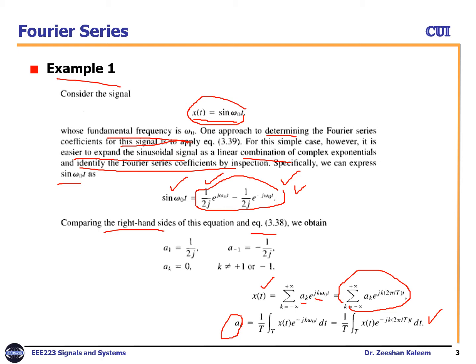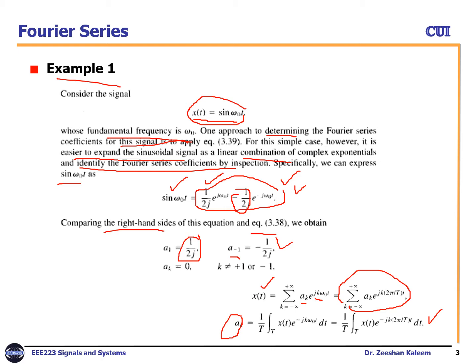So a_1 is 1 over 2j, and a_minus1 is minus 1 over 2j. So we got the two coefficients a_1 and a_minus1.